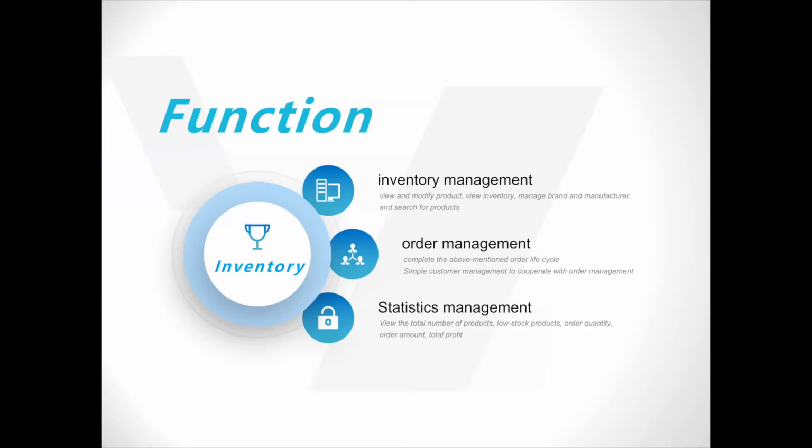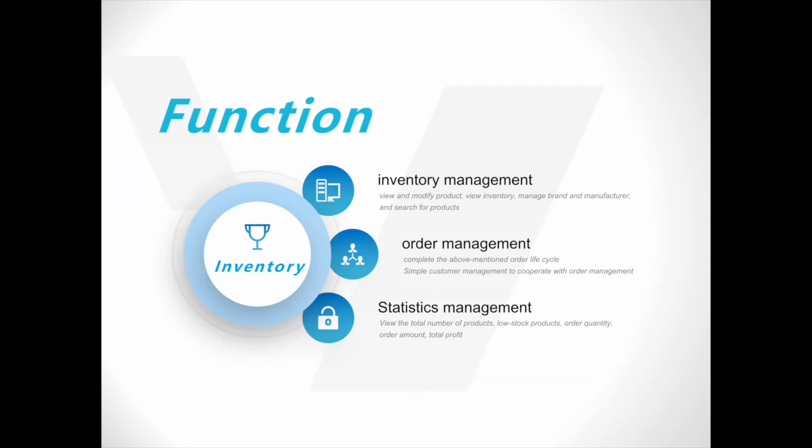The customer can view and modify product information, such as UPC, which is like a barcode, the units per carton, and how many units per pallet, something like this. And you can view inventory, manage brand and manufacturer, and search for the product.